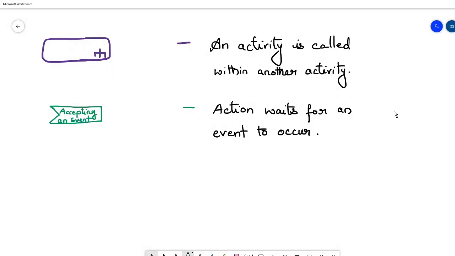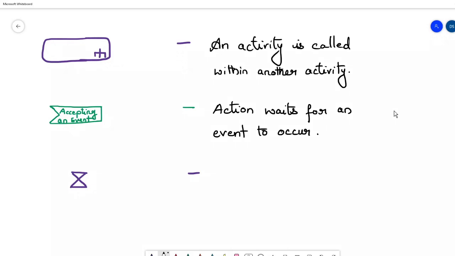Now let's see the next one. Next one would be like this, which means at a particular time an action has started in the activity diagram. Okay, at a particular point in time.